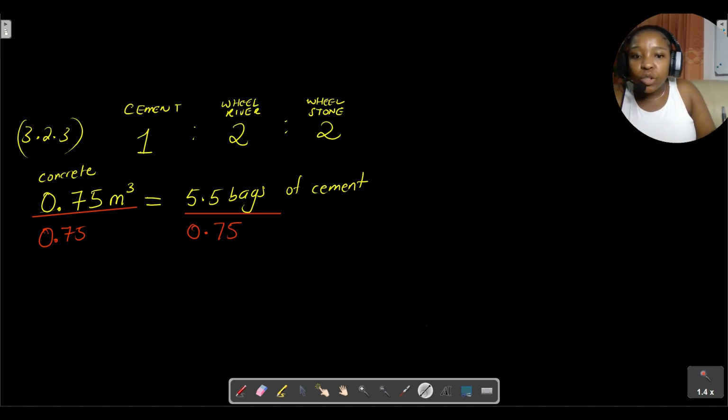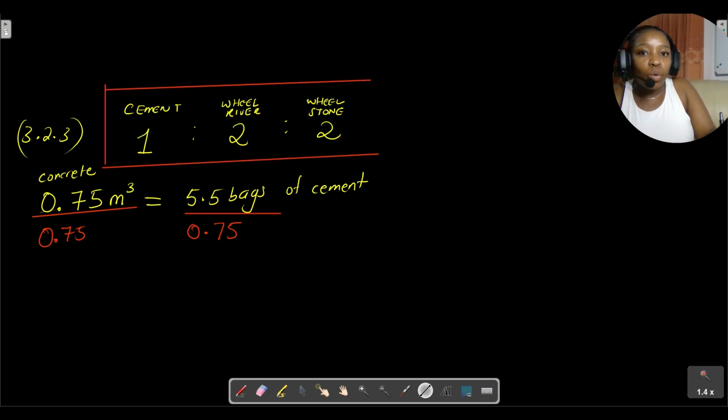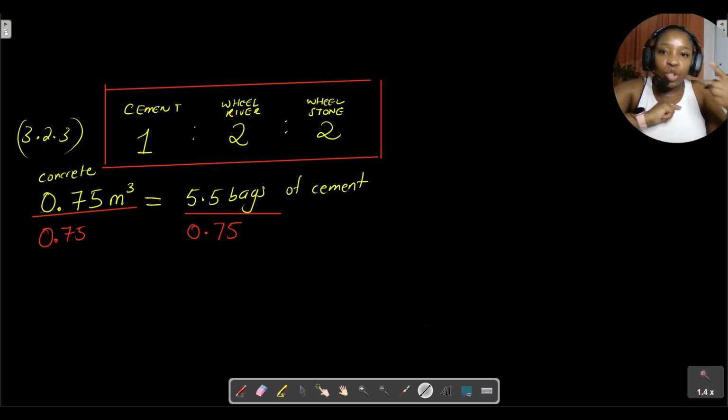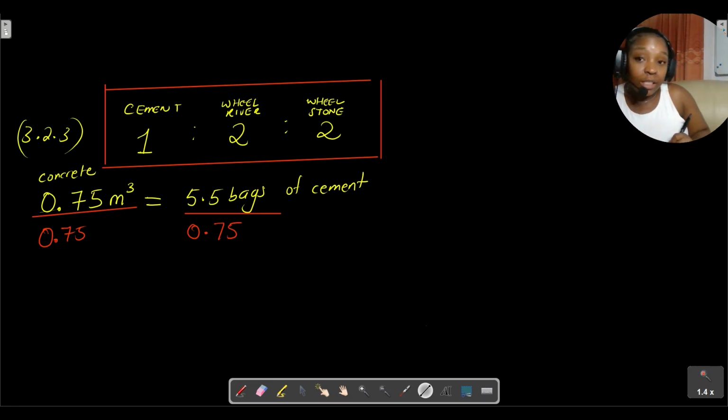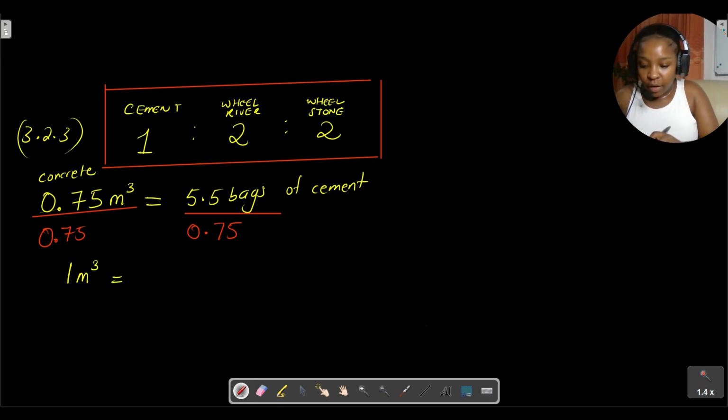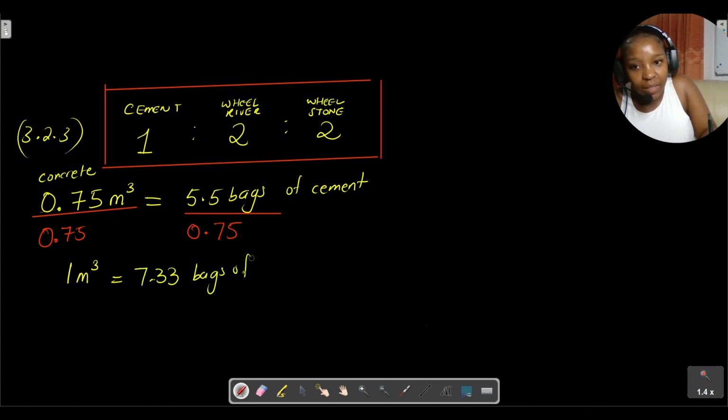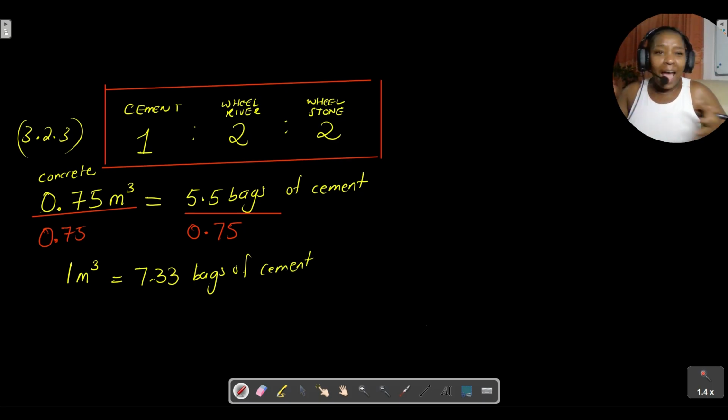Once we know that, we can use this ratio to determine how many wheelbarrows of river sand and stone we need. Let's take it step by step. 0.75 meters cubed divided by 0.75 gives 1 meter cubed, equal to 5.5 divided by 0.75. What are we getting? 7.33 bags of cement. So you see now, it's becoming easy.